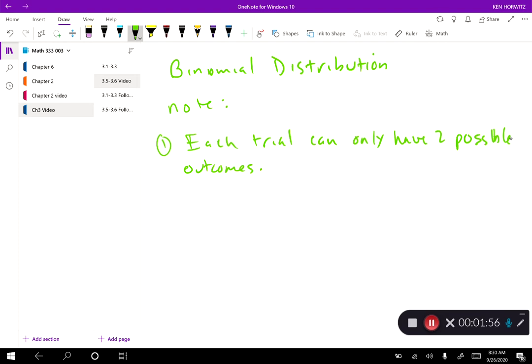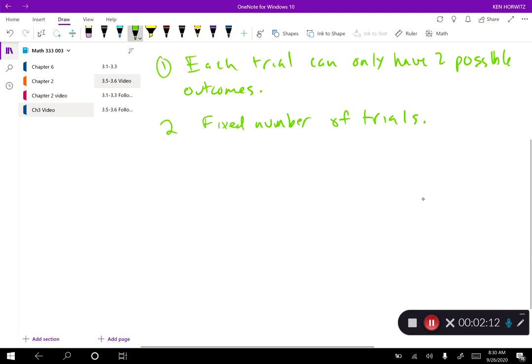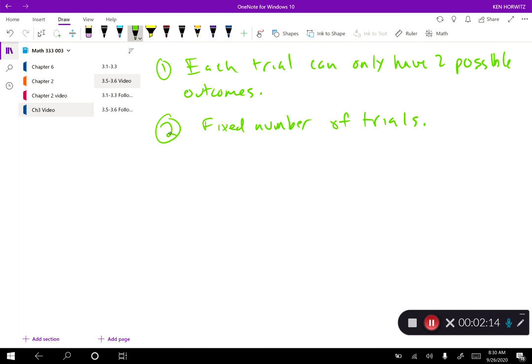All right, second is that there must be a fixed number of trials. Number three, outcomes of each trial must be independent.